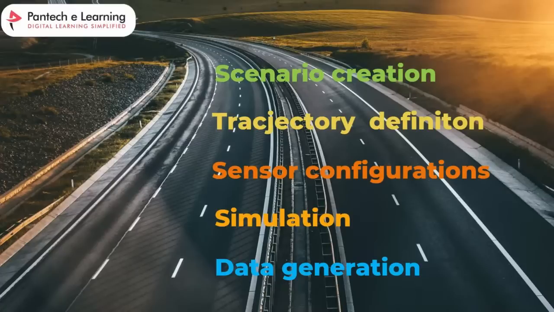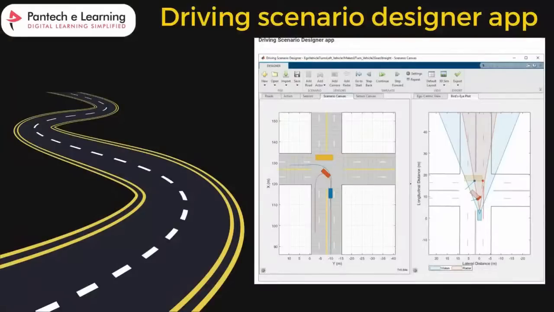This synthetic data can be used for testing and validating the algorithms without the need for real-world data. Overall, this driving scenario designer app provides a comprehensive environment for developing and testing autonomous driving systems. It allows users to create, simulate and analyze driving scenarios in an efficient manner.